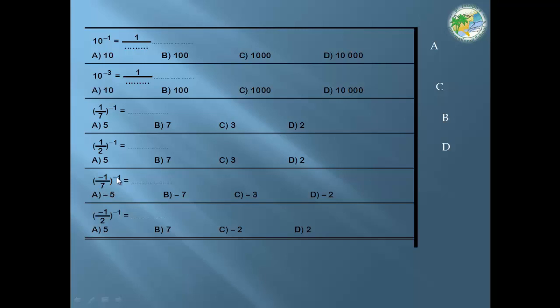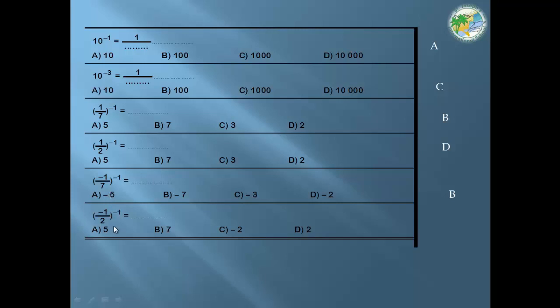Take care. Negative 1 over 7. If you have a negative power, we change the place of the numbers. It equals 7 over negative 1, which equals, of course, negative 7.